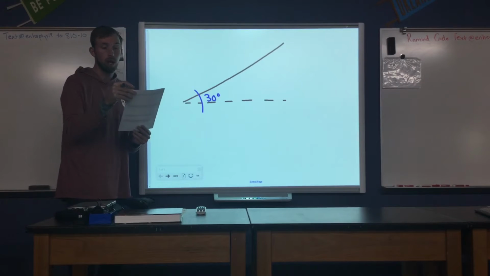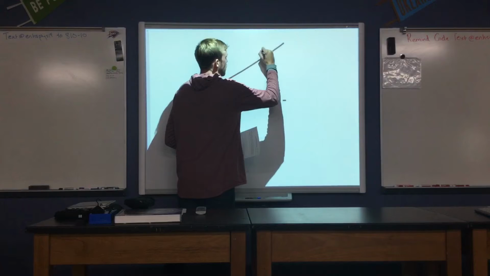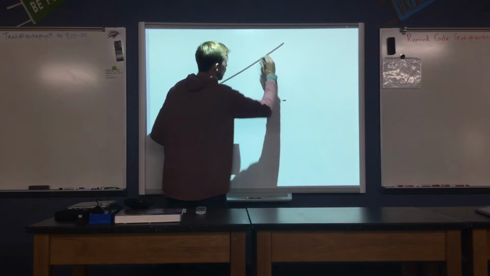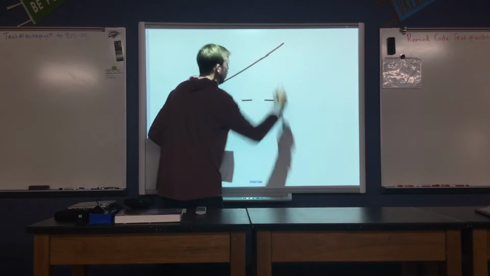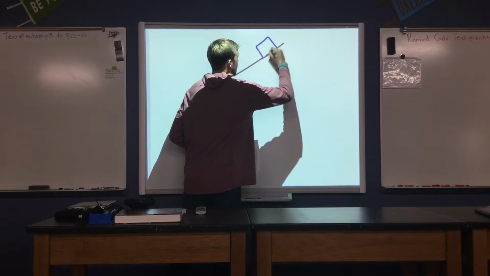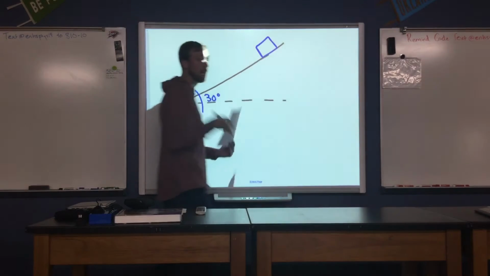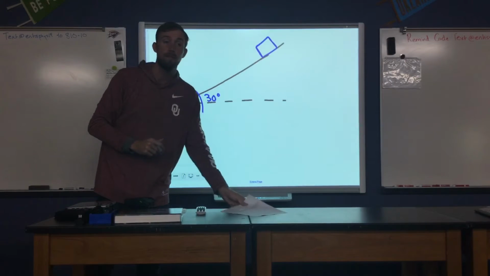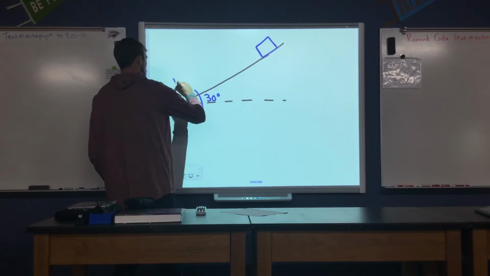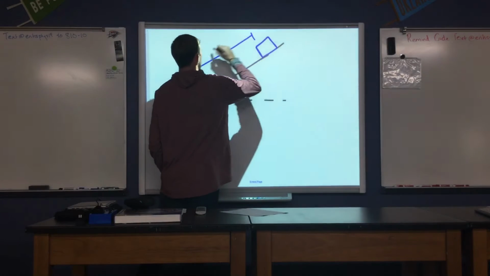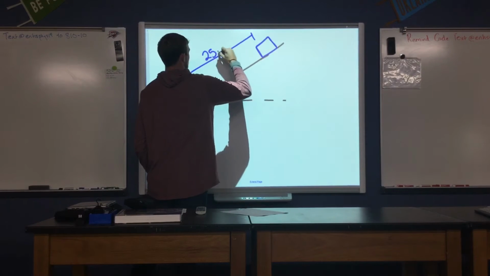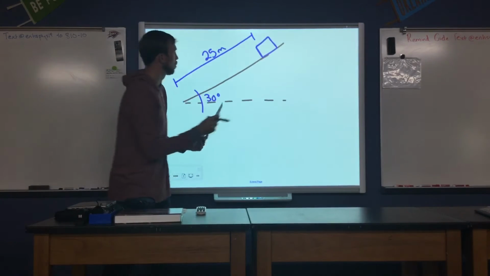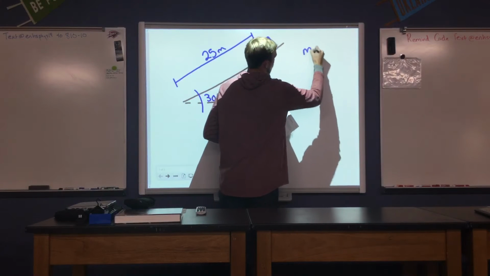I'm going to represent our car as a point, even though we could draw an entire car, for the sake of simplicity. We're told the car is located 25 meters up the length of the hill. We're also told the car's mass is 1,500 kilograms. I'm going to put that off to the side.